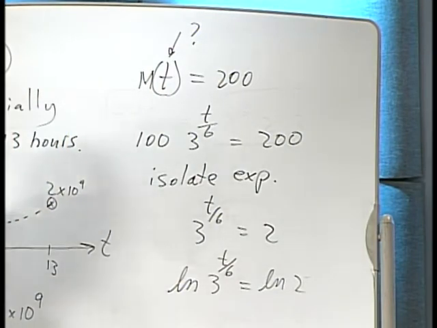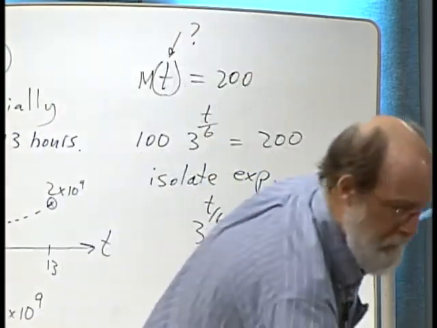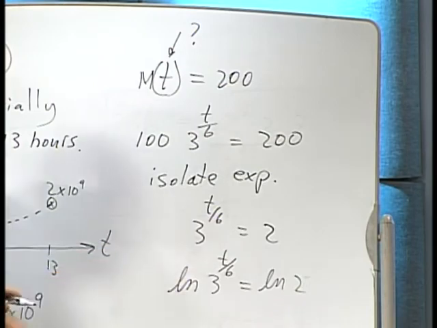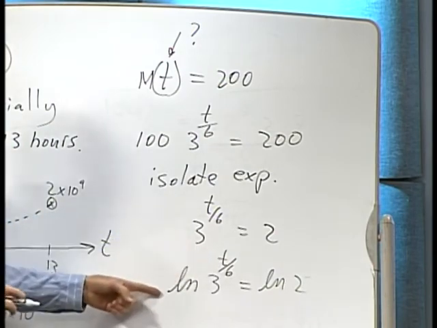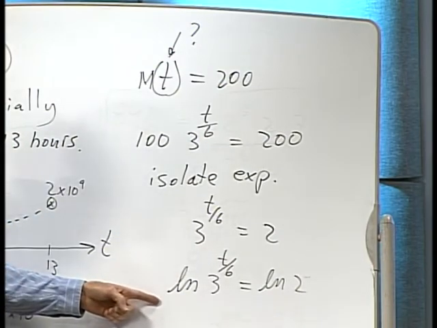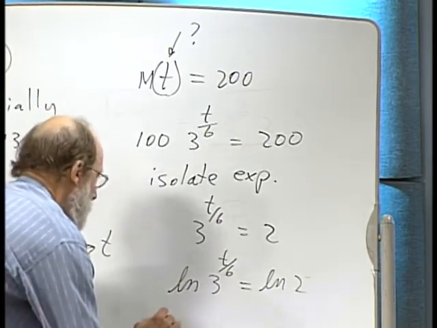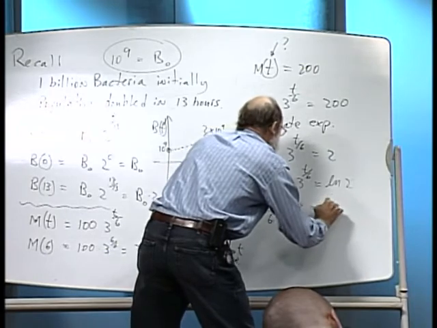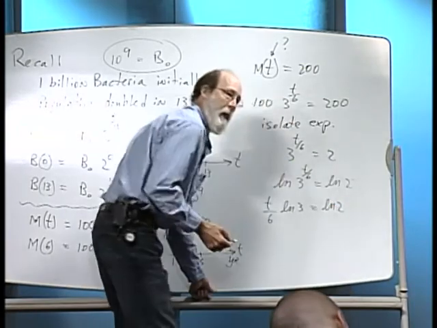Everybody okay? And so then, Kyle, help me with the next step. You pull out the exponent. Pull out the exponent in front by the power rule. Remember that? The power rule. So t over 6 times the natural log of 3 is equal to the natural log of 2.